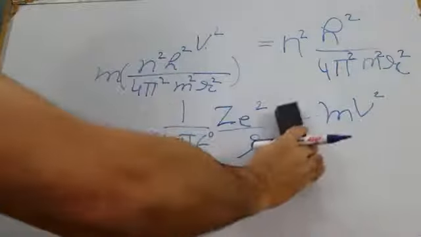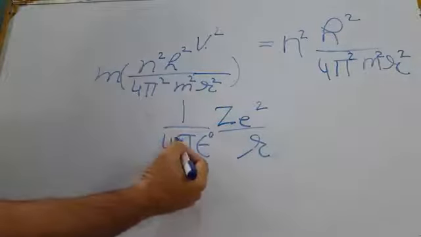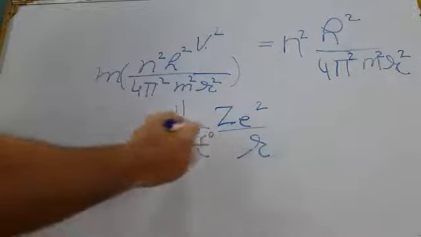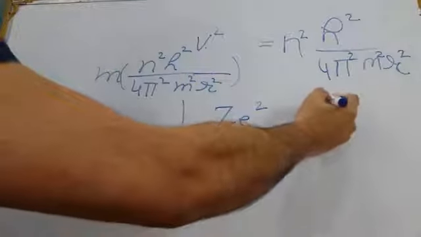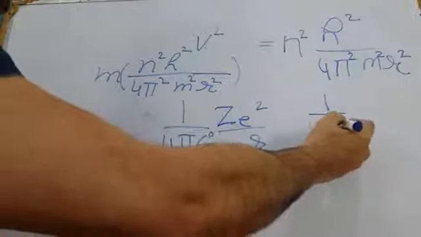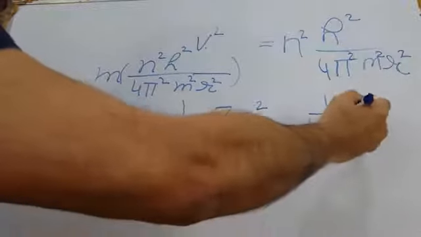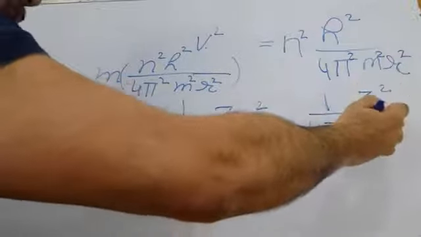Means what? Let us write this equation here. I am shifting this equation on this side. Therefore it goes here: 1 upon 4 pi epsilon 0 z square e square upon r.